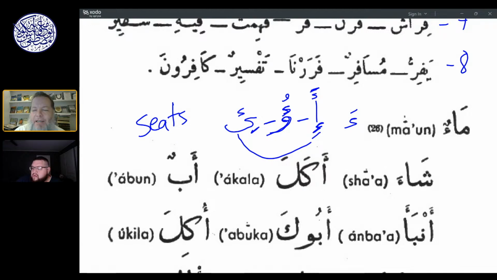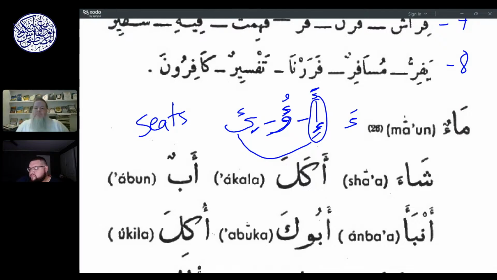It's in the beginning of a word, though. When it's at the end or the middle of a word, it'll be on the aleph, the wow, or the ya. But this is only in the beginning of a word.